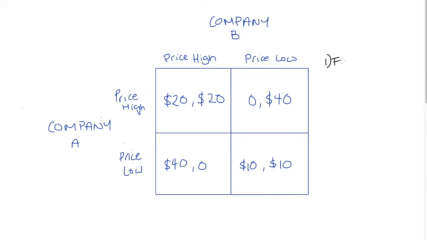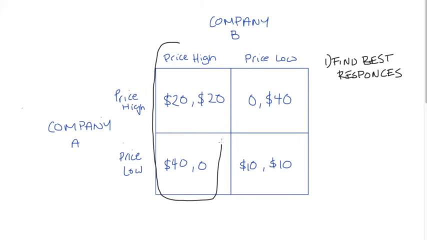As before, we can solve for the Nash equilibrium by finding the best responses. Let's start with Company A. Well, if Company B prices high, we're on this column here. Company A could collude with Company B at this point and get $20 and share the market. But if they price low, they're going to take the whole market and get $40.